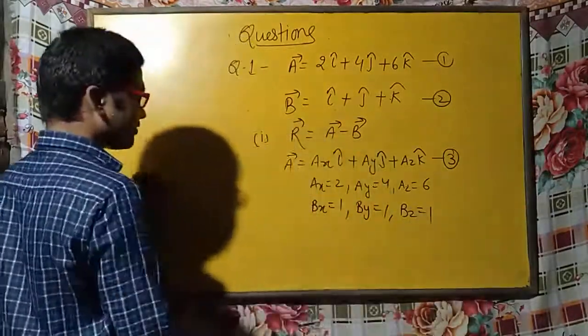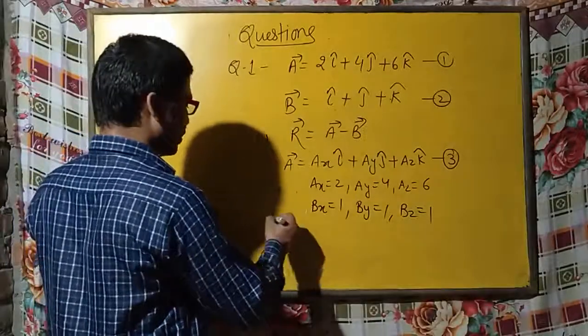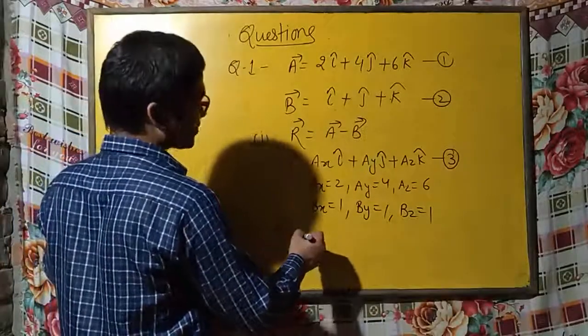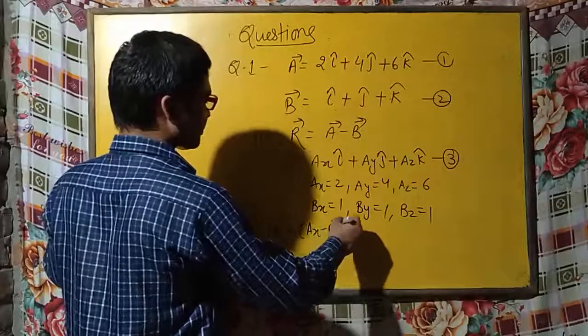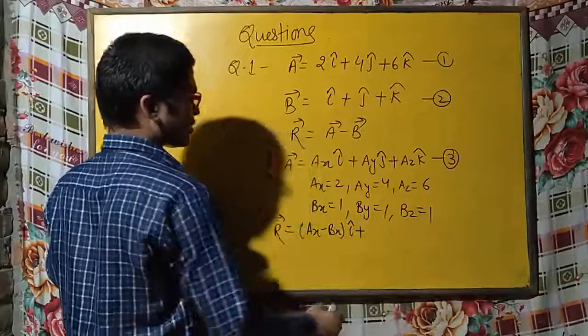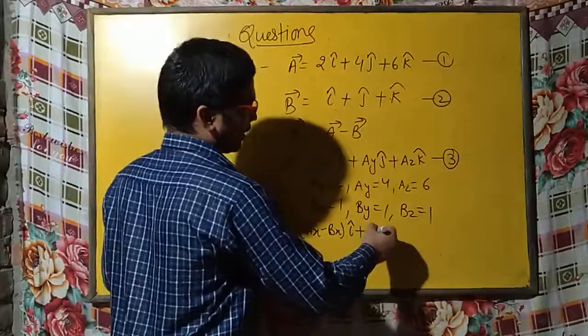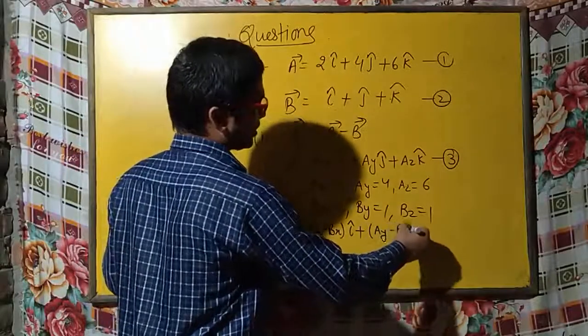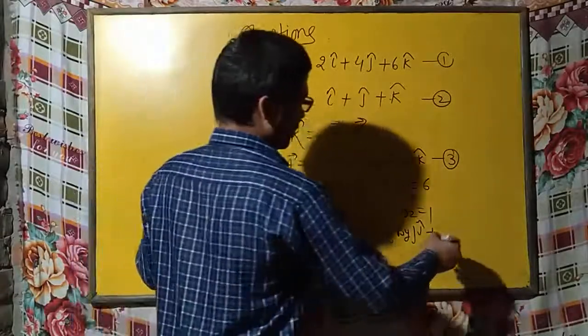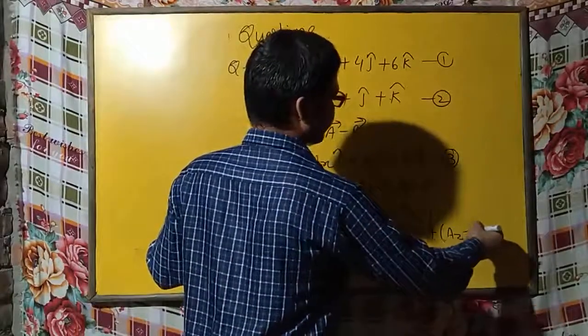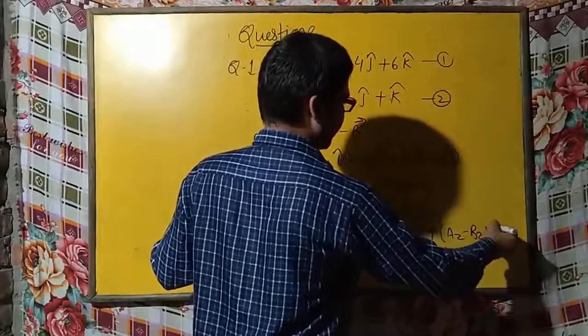So the final answer is given by the equation r is equal to the subtraction of coefficients: ax minus bx, coefficient of i, plus ay minus by, that is coefficient of j, and plus az minus bz, that is coefficient of k.